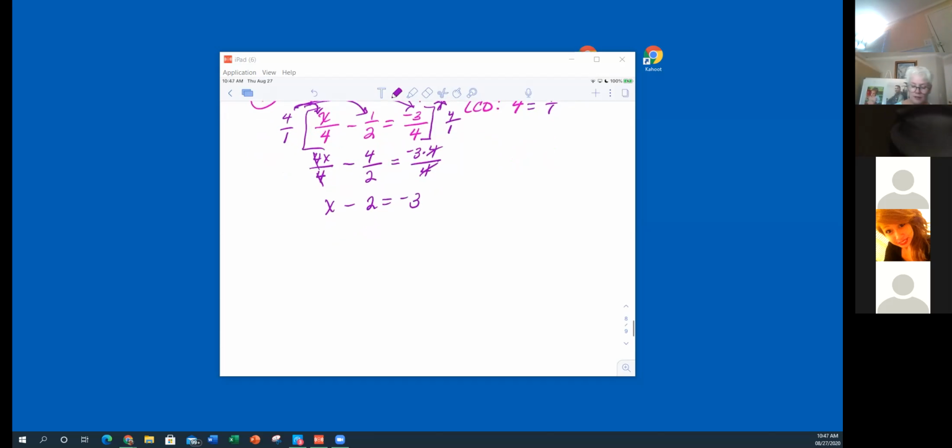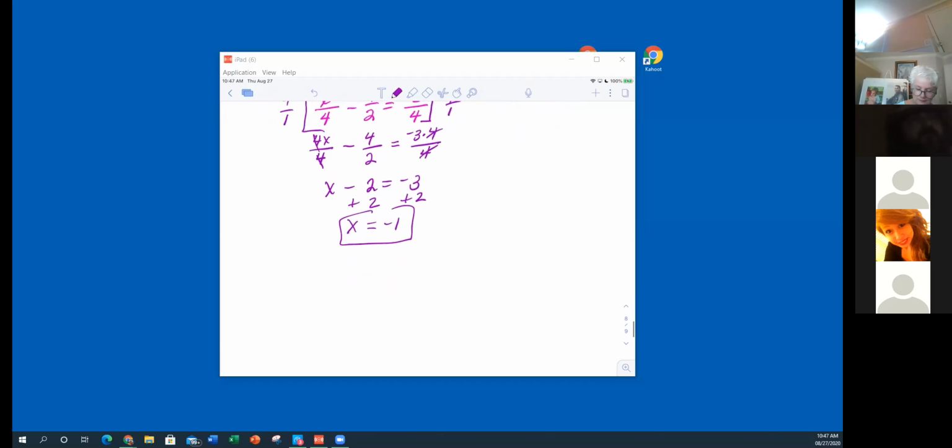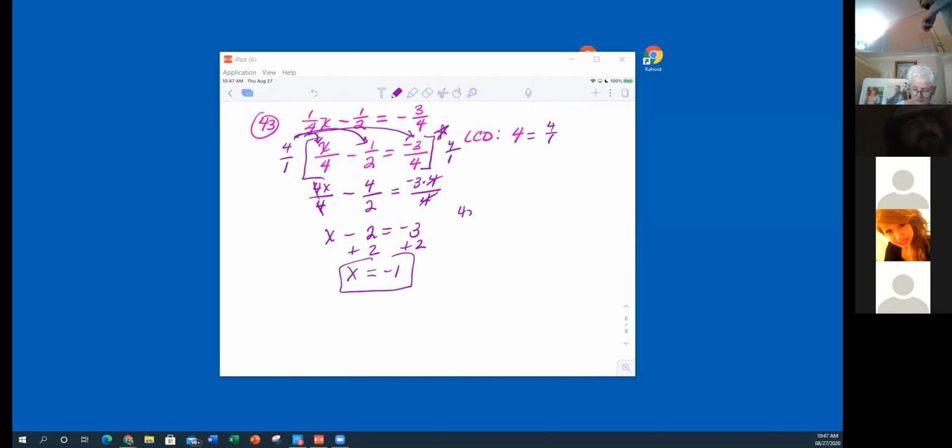Sure. And then we're going to add 2 to both sides here, and we get x equals negative 1, and that's it. Okay, so 45. We have 5 over 6y minus 2 over 3 equals negative 3 over 2.